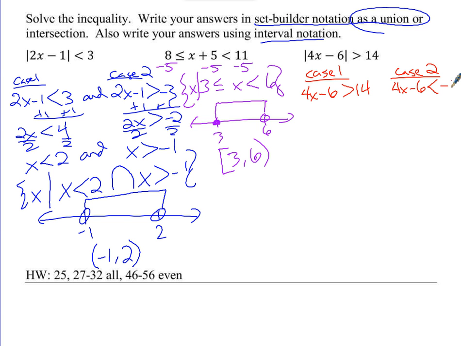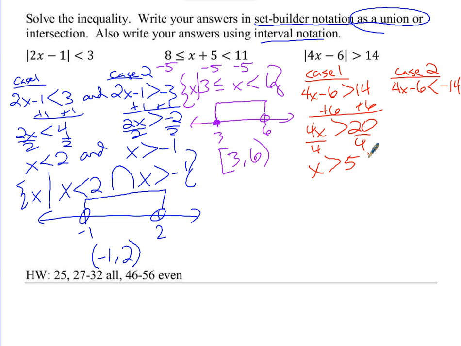Flip the inequality symbol and change the sign of the answer. Okay, case 1. Now we can add 6 to both sides and we have 4x is greater than 20. So now we divide both sides by 4. X is greater than 5.